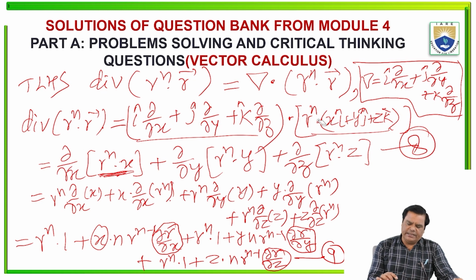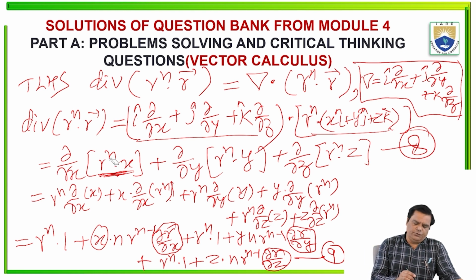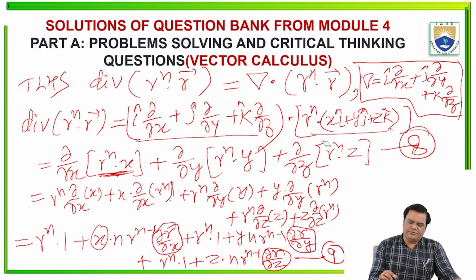Multiply ∂/∂x of rⁿ into x. The differential of rⁿ means n by 2. So this is wrong from here in the question. rⁿ, where r means (x² + y² + z²) to the power 1/2. So the differentiation of r and rⁿ⁻¹.